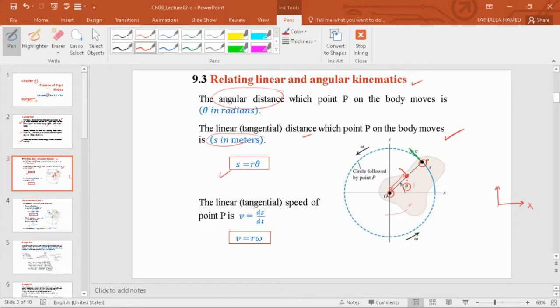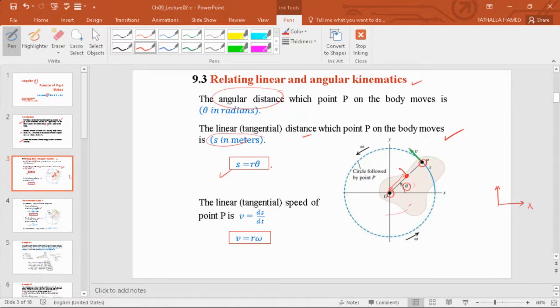Different points will have different S depending on how far they are from the center about which the body is rotating, but the point will be revolving. So we define S here as equal to r theta. So that's linear distance to angular distance. Angular distance is regarded as theta. The linear distance, which is on the circumference of the circle here, will equal r theta.